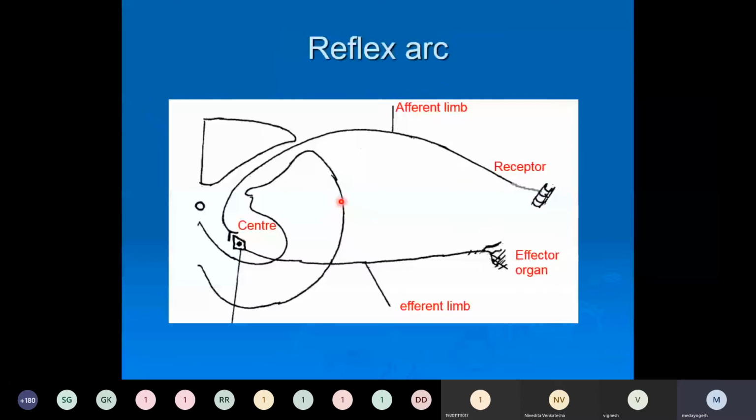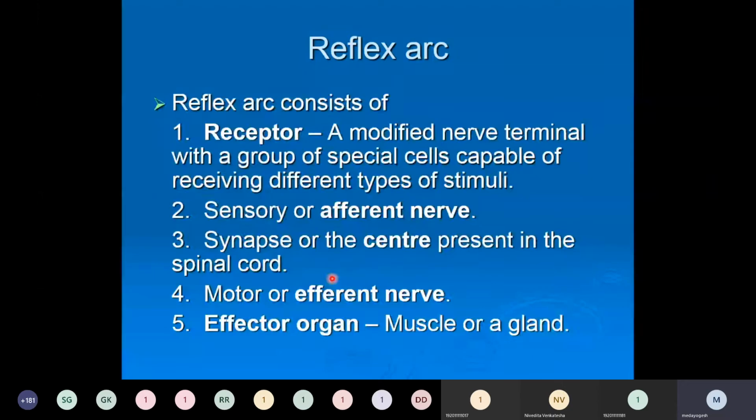What this means is that all the signals which are entering the posterior part, this entire posterior part is sensory, whereas the response which comes out through the ventral or anterior part is going to be motor. Okay, so that's what the Bell-Magendie law states. The dorsal horn is going to be the sensory component, the ventral horn is going to be the motor component.